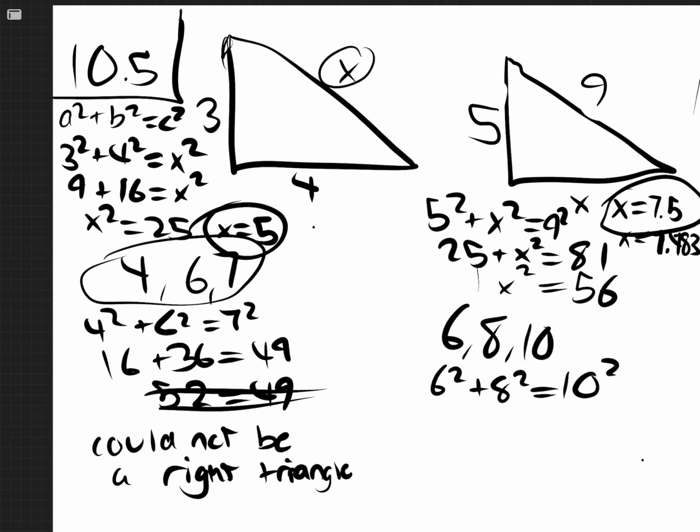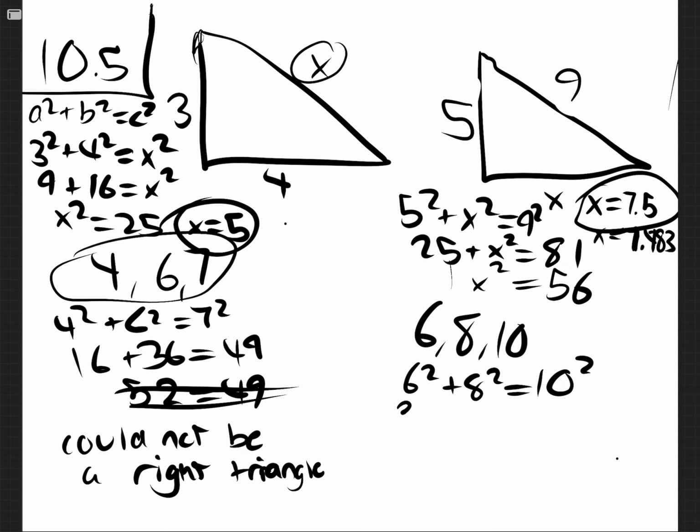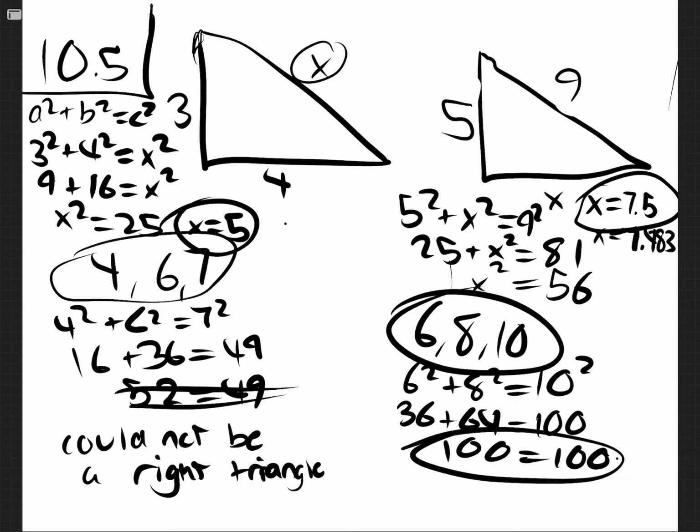So we have 36 plus 64 equals 100, which, if you add these two together, 100 equals 100, which is true. So this is a right triangle.